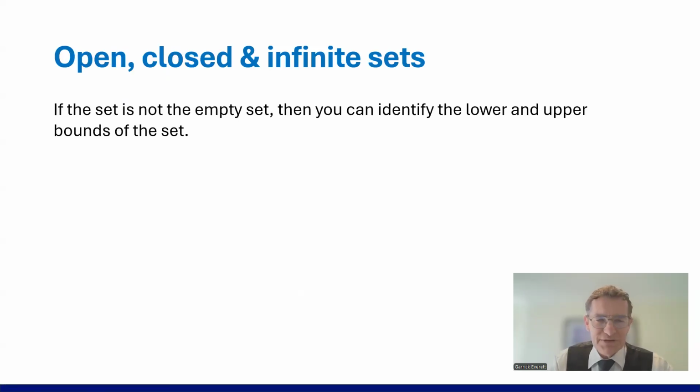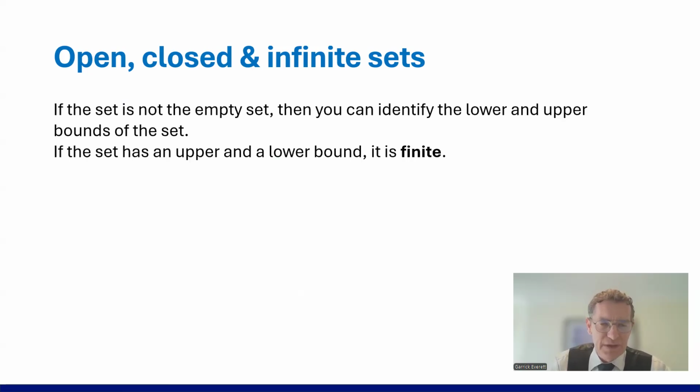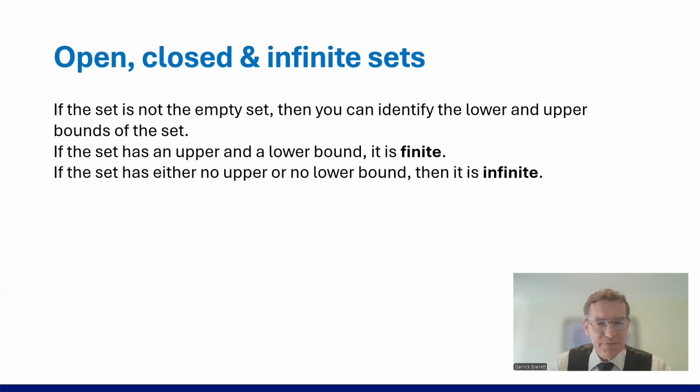So if a set is not the empty set, then you can identify the lower and upper bounds of the set. So if there's something there, then there must be something lower and something upper in that set. If the set has an upper and lower bound, it is finite. If the set has either no upper or no lower bound, or both, then it is infinite.